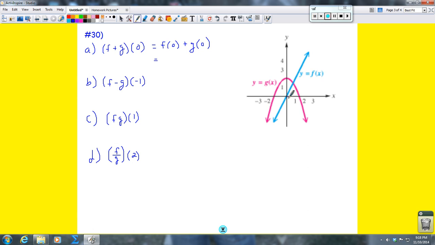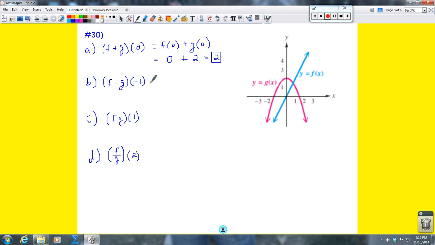The blue line goes right through here, so the y value is 0. For g of 0, x being 0 is here, but the pink one is all the way up here, at the number 2. And 0 plus 2 ends up being 2. Part A is complete.